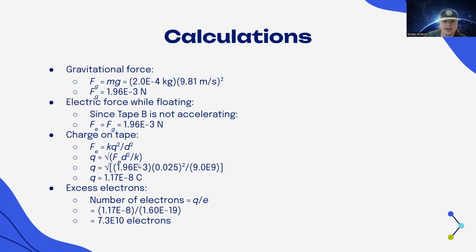If you rearrange it, you can find the charge Q of our tape. Essentially, we get Q as approximately 1.17 e to the negative 8 coulombs.